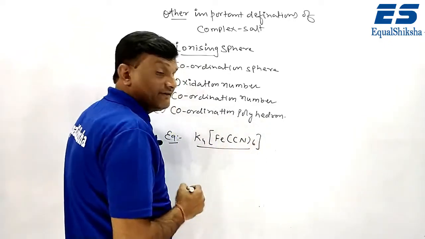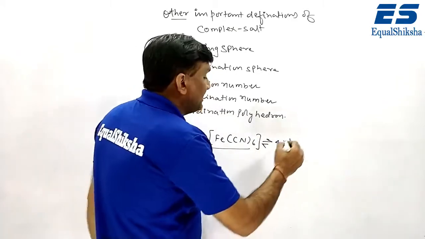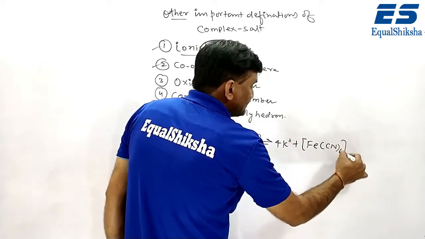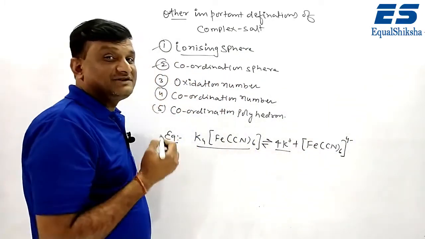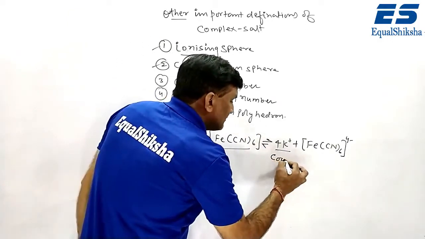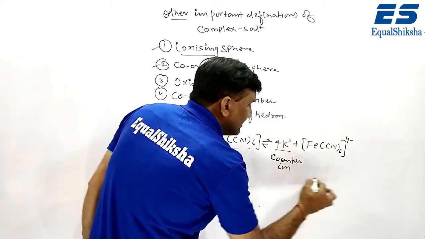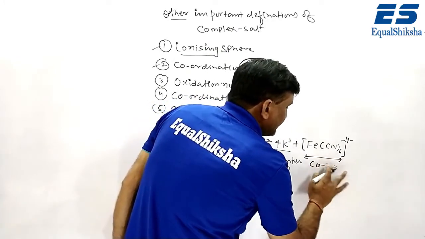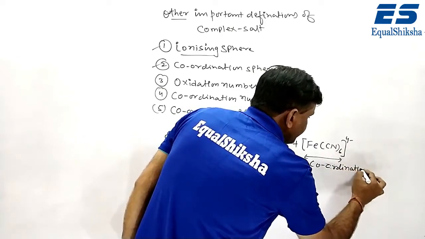During dissolving in water, it dissociates into 4 K+ and [Fe(CN)6]4-. Here K+ will be a counter ion, as we have discussed in previous lectures, and this will be the coordination sphere.